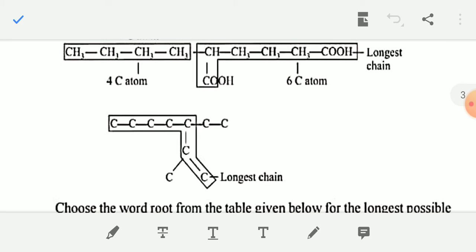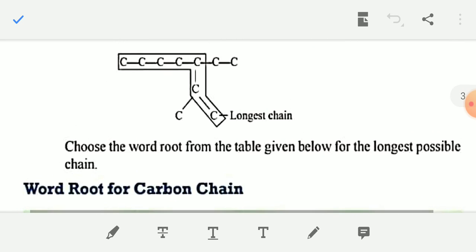There are two choices. The right side chain is the longest carbon chain, which contains 6 carbon atoms, but the left side contains 4 carbon atoms. Similarly in this example, you can see which one is the longest carbon chain. It is marked.